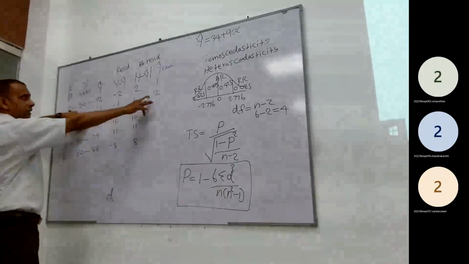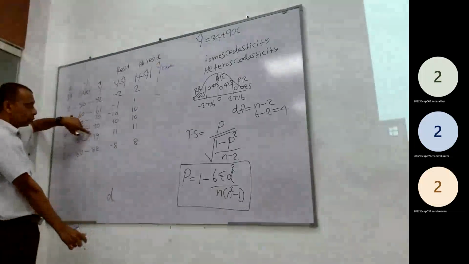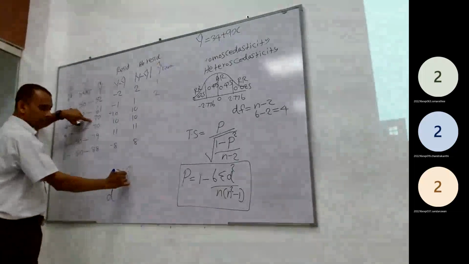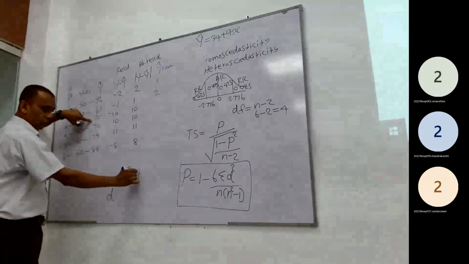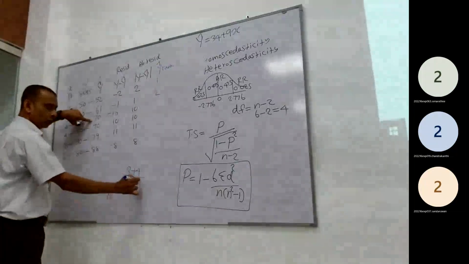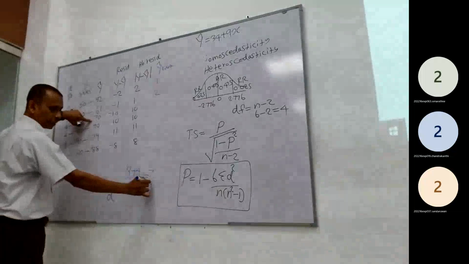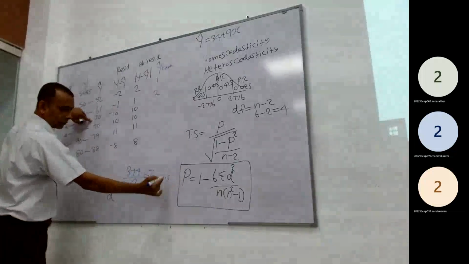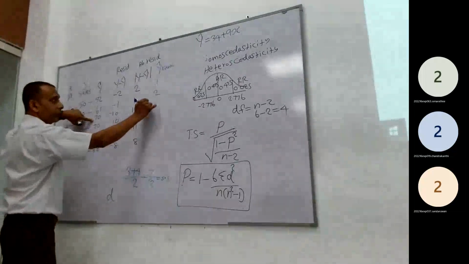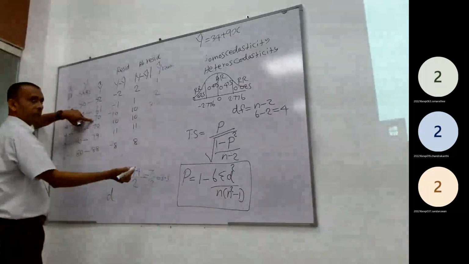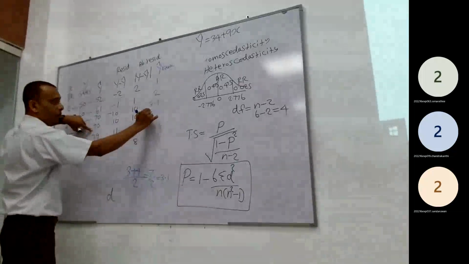Already we have assigned 1 and 2. Then for two tied numbers, we need 2 ranks: 3 plus 4 divided by 2, 7 divided by 2, means 3.5. Assign 3.5 to this one, and again the similar value gets 3.5.